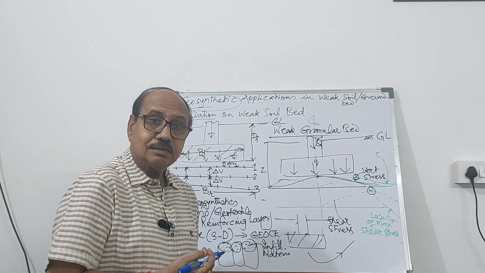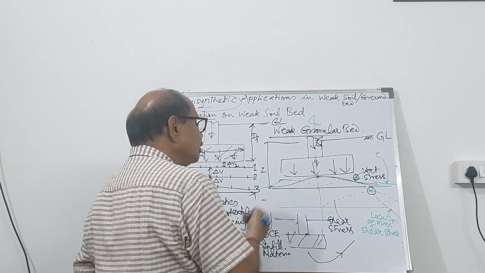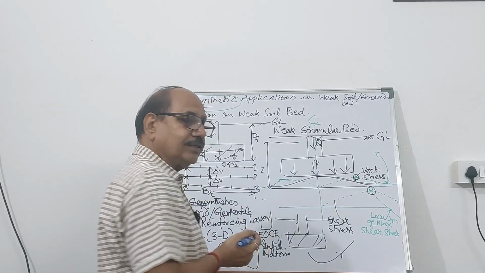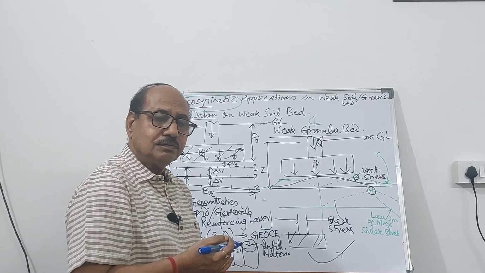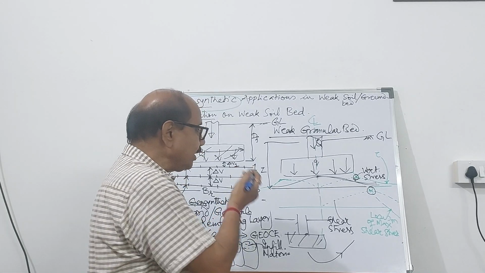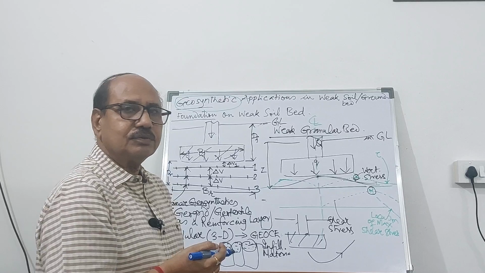So friends, if the soil is going to fail in shear, then it is a catastrophic situation. The ground is going to give in and your whole structure will collapse.